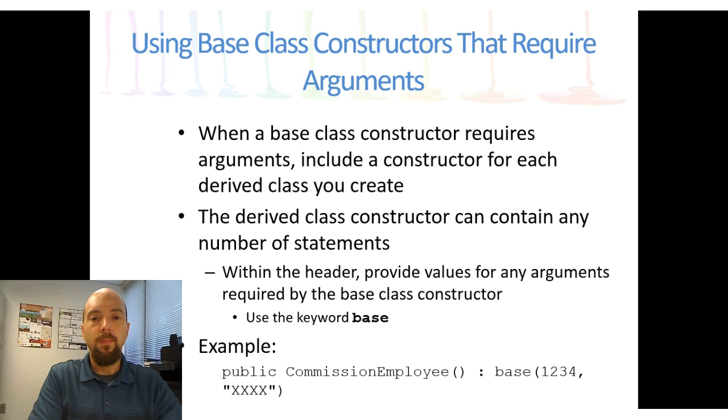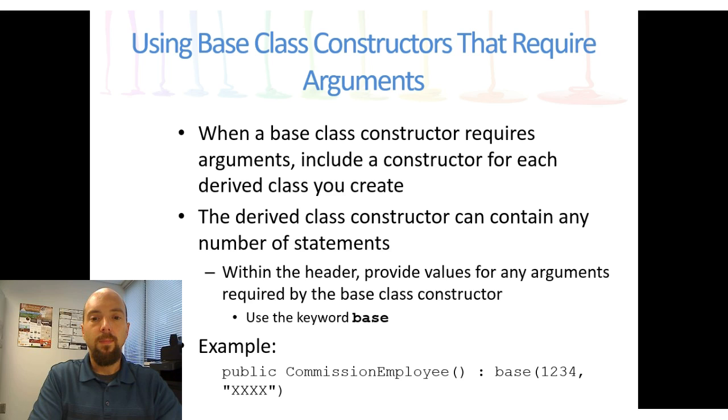Then before we can actually set the person's commission rate or their salary or anything like that, we also have to set it in the base class first. So I'm going to pass my arguments into my commission employee, and it's going to turn around and send that information over to the base class.